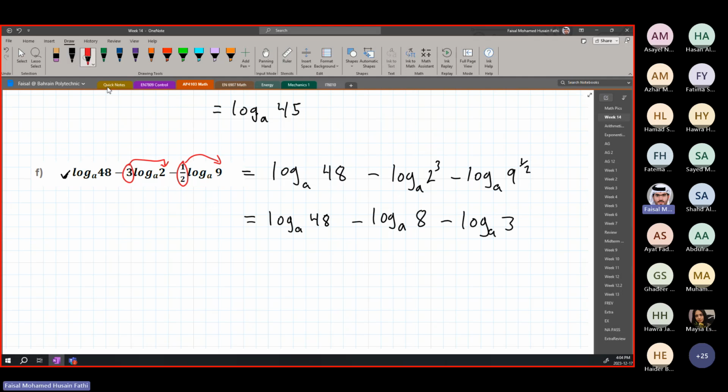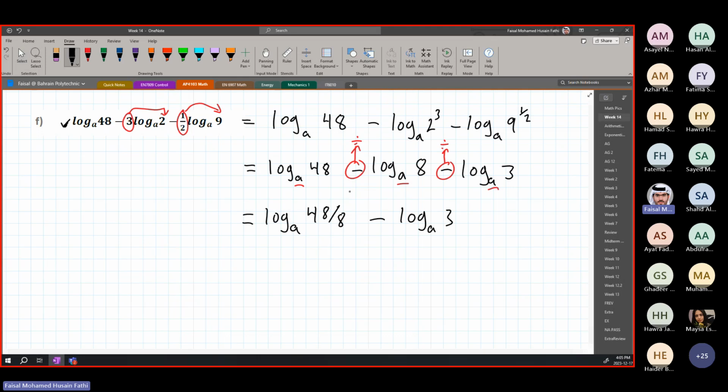Now, we can either do it in one step or multiple steps, whichever is more comfortable for you guys. We all have the same base, so we can apply the rules. This becomes division, and this also becomes division. So let's do it step by step. So log A of 48 divided by 8 minus log A of 3, so you don't get confused with the divisions.